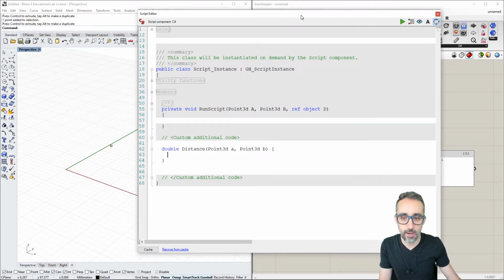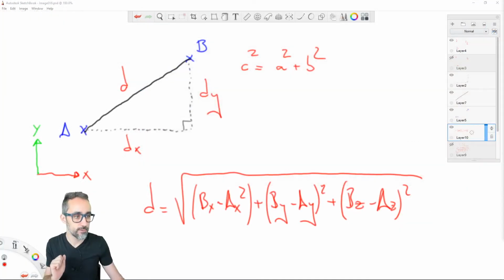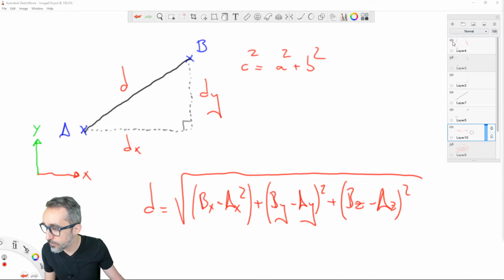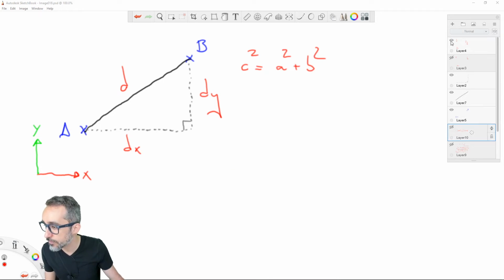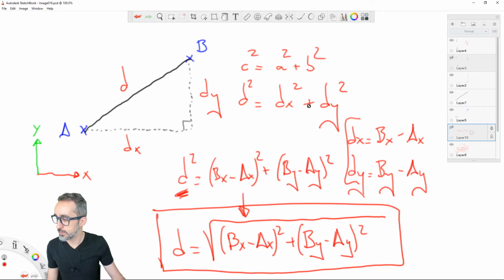And then, as per our diagram, remember that we discussed that the sides of each one of the triangles are basically the difference between the X and the Y coordinates of the 2 points. So we're just going to implement that same logic here inside of our function.